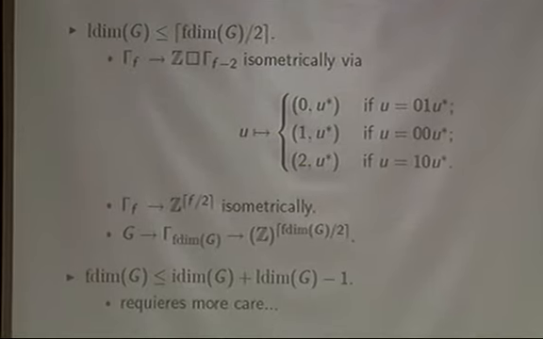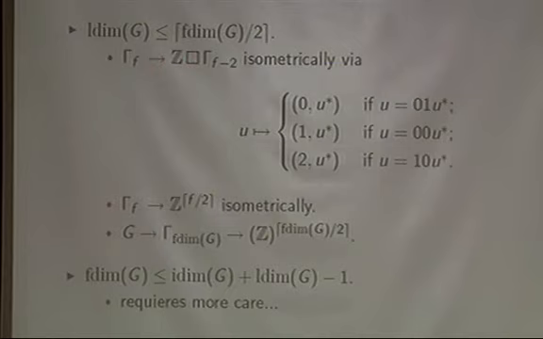Why is that? You can use induction on the dimension, and we will provide an isometric embedding from the Fibonacci cube of dimension f into Z. Well, this is the Cartesian product of graphs, but I think I will not define it.